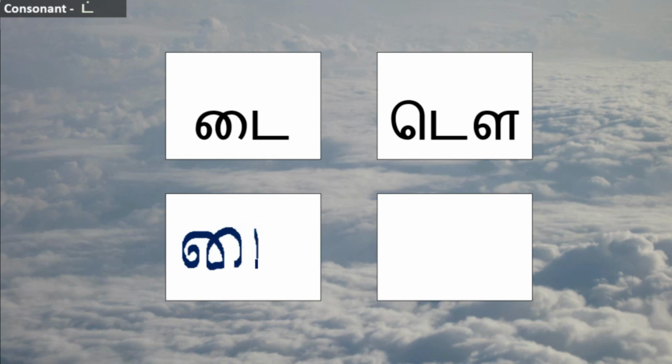It is suffixed with ta. This is tie. Tau is ஒற்றைக்கொம்பு suffixed with ta and la. This la we have already seen in our second video when we learnt wu. So this is actually a consonant which we will deal with later.